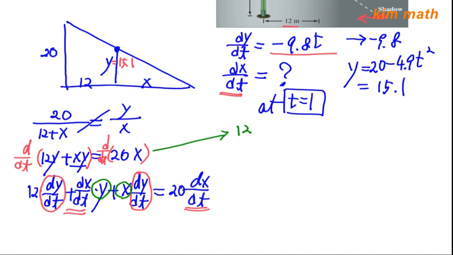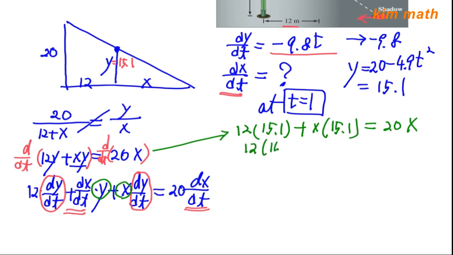12y plus xy equals 20x, right? So this is 12 times 15.1. If you subtract 15.1x from both sides, you have 4.9x.